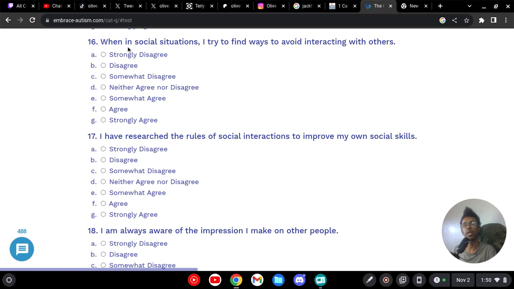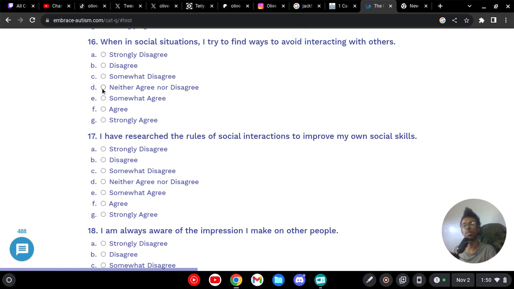16. When in social situations, I try to find ways to avoid interacting with others. This is dependent on my mood, right? Because the only reason why I avoid interacting with people in a social setting is that I get tired of it.